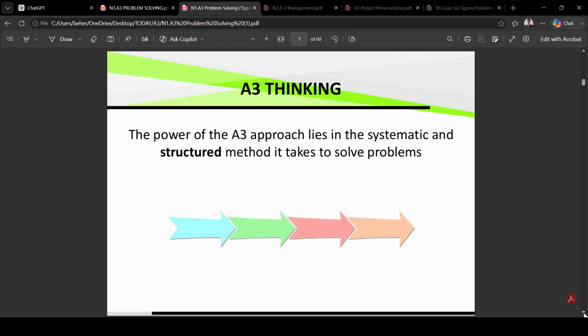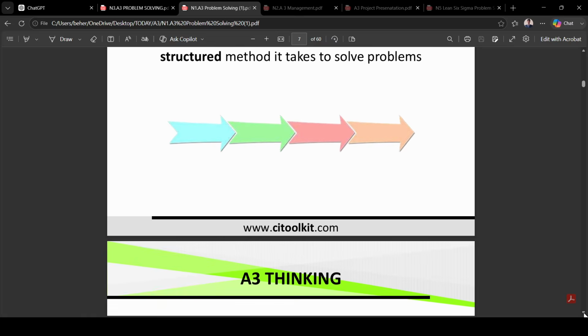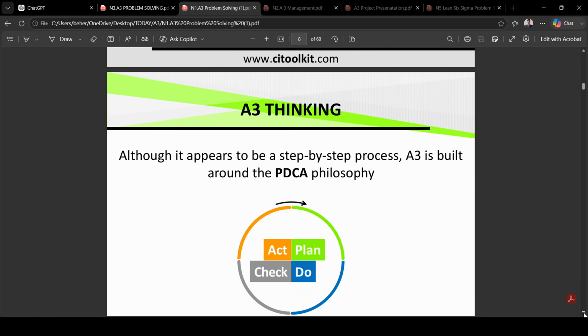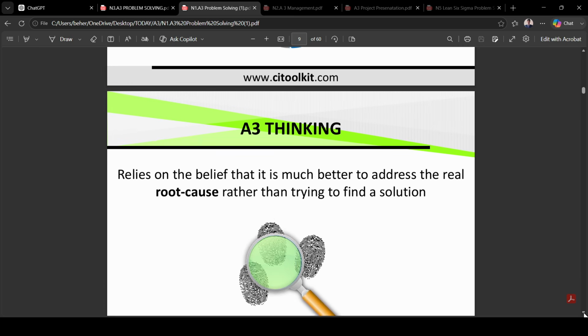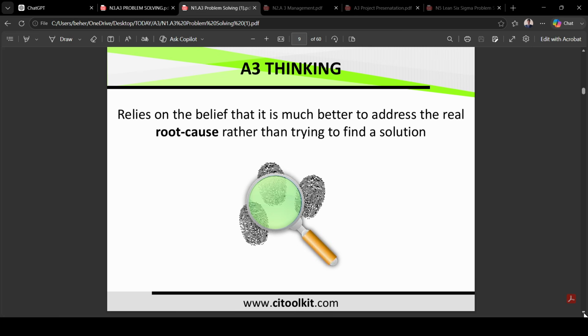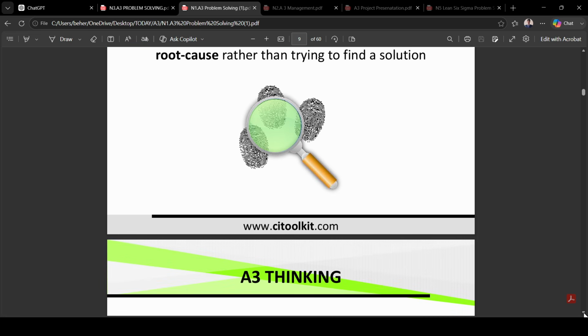The power of the A3 approach lies in the systematic and structured method it takes to solve problems. Although it appears to be a step-by-step process, A3 is built around the PDCA philosophy. It holds that it is much better to address the real root cause rather than trying to find a solution.